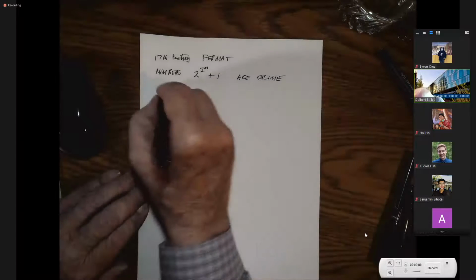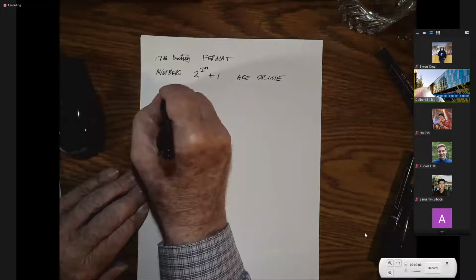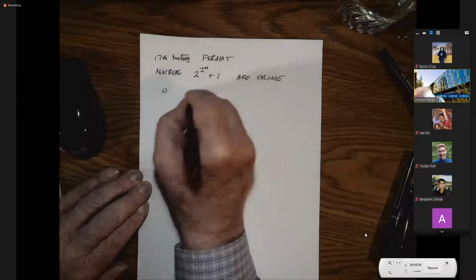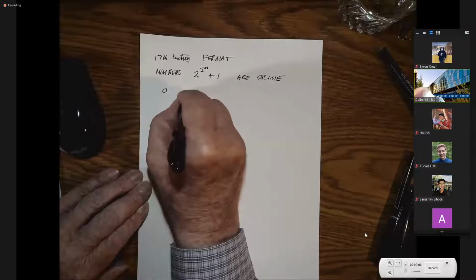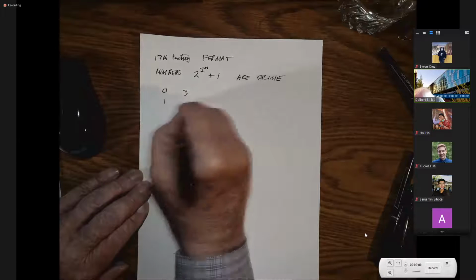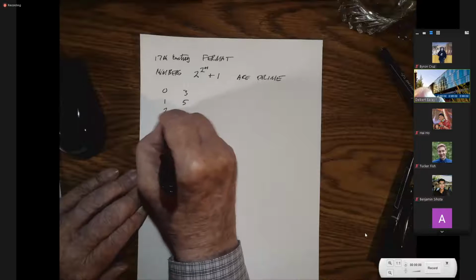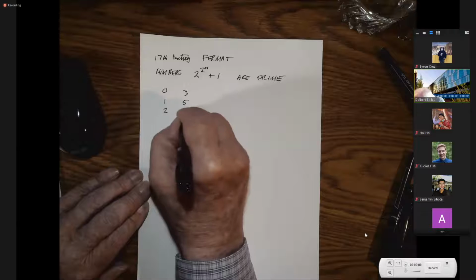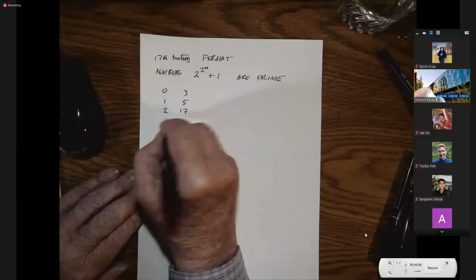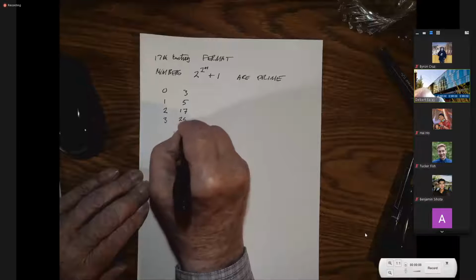And if we take a look here, well, let's try different values of n. Say n is 0, then this thing is 3. If n is 1, this thing's 5. If n is 2, it's 17. If n is 3, it's 257.